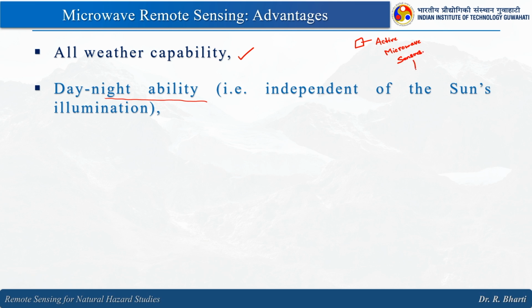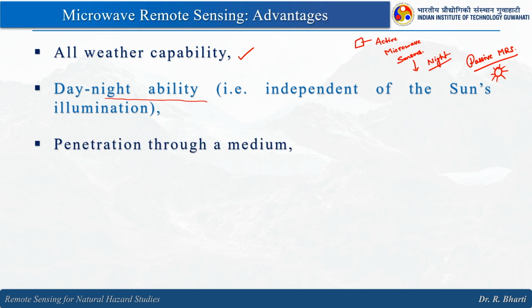So, this can also work at night, but when we go for the passive microwave remote sensing, then here the sun is our source of light. So, we are restricted to do this microwave remote sensing only during the day. Penetration through a medium is possible because you have longer wavelength, and the surface can be penetrated to a depth that will be comparable to your wavelength, right.